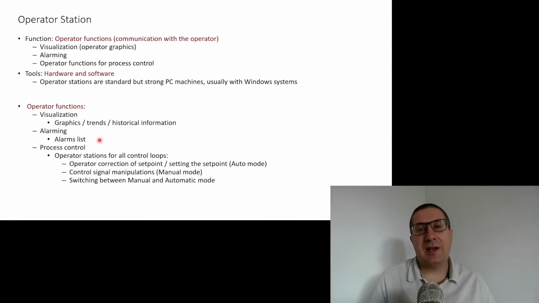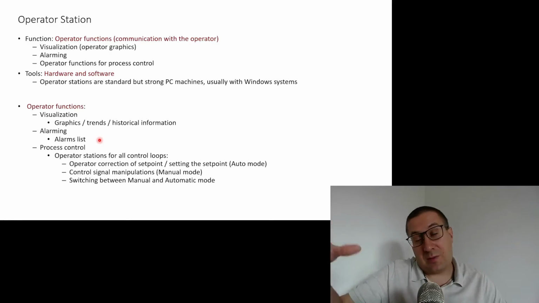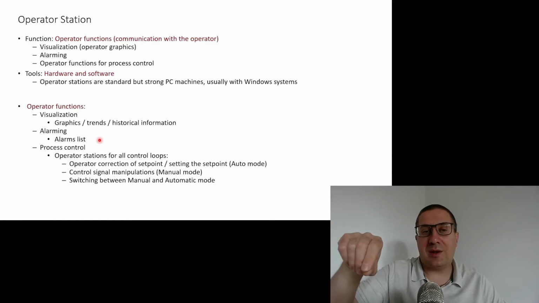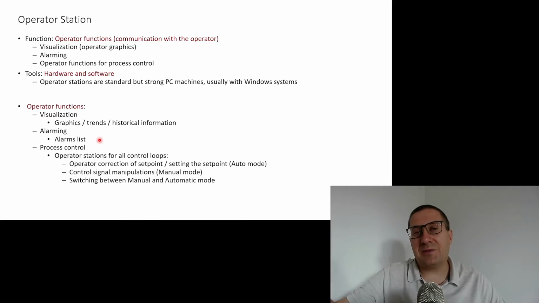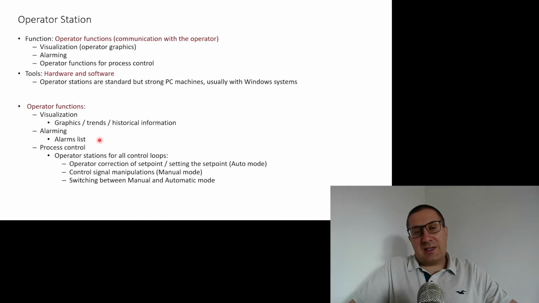On one screen, he can see part of the process with current values of sensors, and on the other screen he observes the list of alarms. So he knows where is the threat, what are the problems he should address. And of course, he has the ability to control the process.